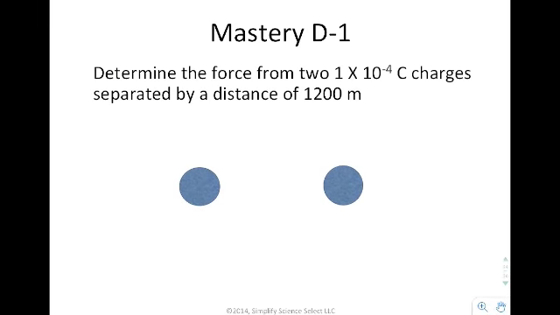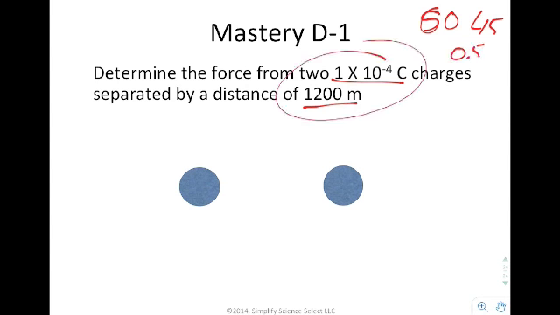So it says determine the force from two 1 times 10 to the minus 4th coulomb charges separated by a distance of 1200 meters. Remember when we talked about the gravitational force, we had 50 and I think 60 and 45, and they were separated by 0.5. Here we're going to talk about two exceptionally small charges, 0.0001, and we're going to put them very, very far apart.